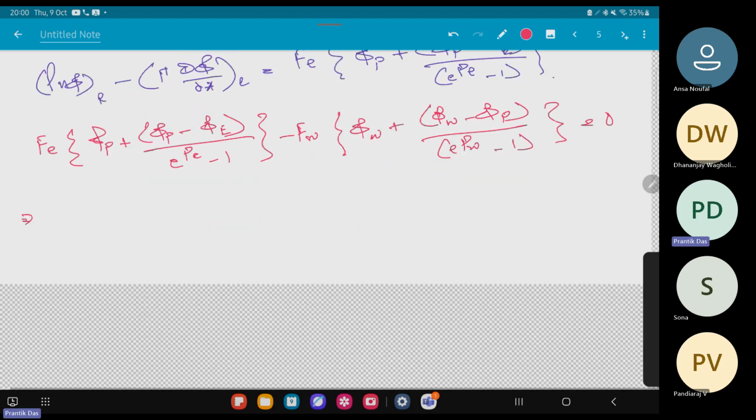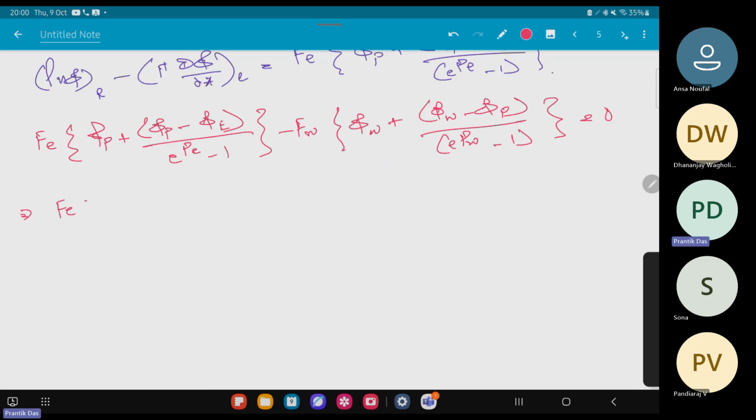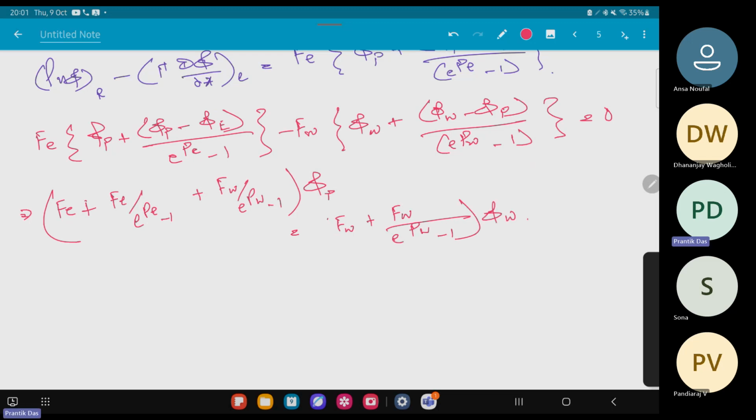So it will be Fe plus Fe divided by exponential of Peclet number minus 1 plus Fw divided by exponential of Pw minus 1, and then this is phi p. This is equal to Fw plus Fw divided by exponential of Pw minus 1, times phi w, plus Fe divided by exponential of Pe minus 1, times phi e.